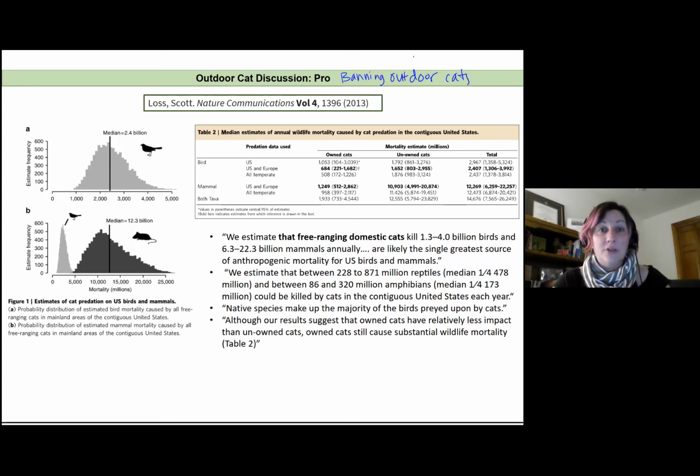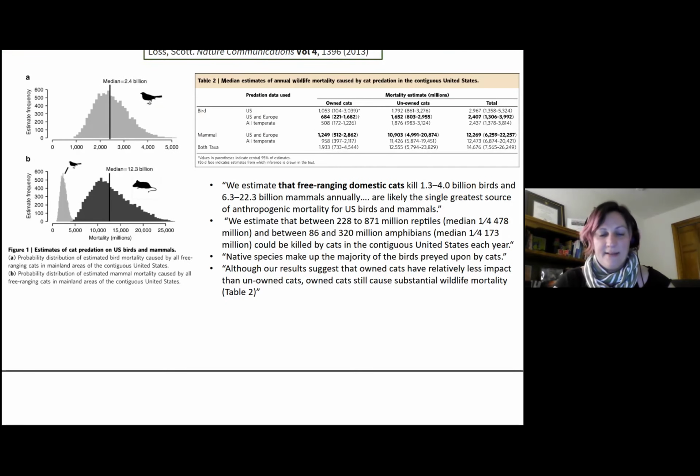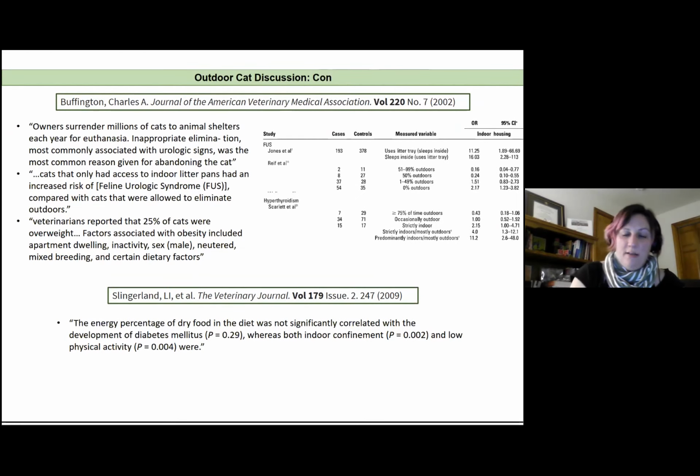It was a little shocking to read that free-ranging domestic cats, like Khat Drogo, kill 1.3 to 4.0 billion birds and 6.3 to 22.3 billion mammals annually. It's a lot of animals. So take a look at this information. It'll be in your activity as well, if you are pro banning outdoor cats, and if you are a con or against banning outdoor cats.